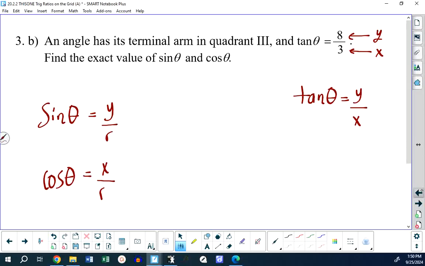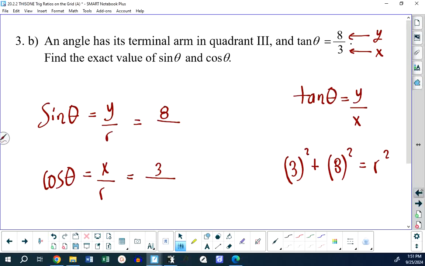So, well, I guess we know y. We know x. We do not know r. So what's r? Well, we're going to go x squared plus y squared. I guess I lied. This is not going to be a perfect Pythagorean triple.